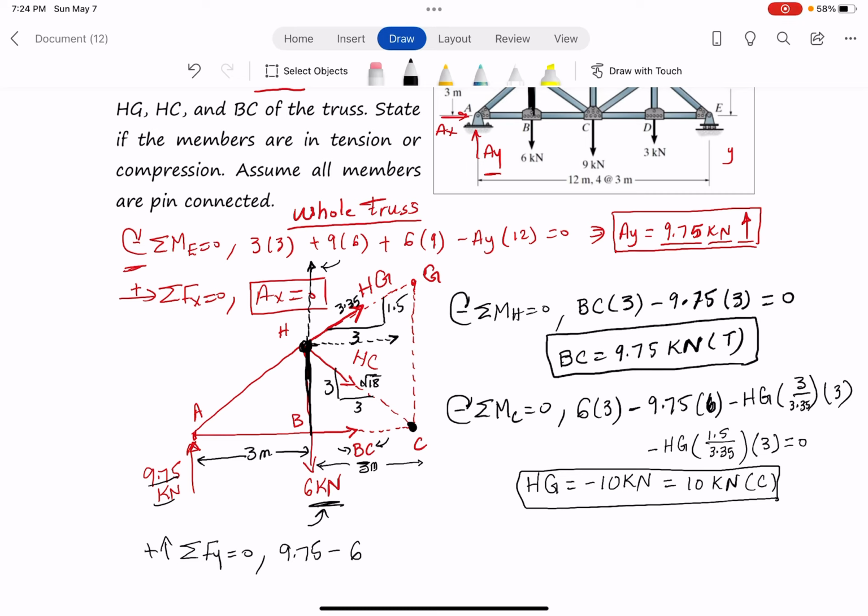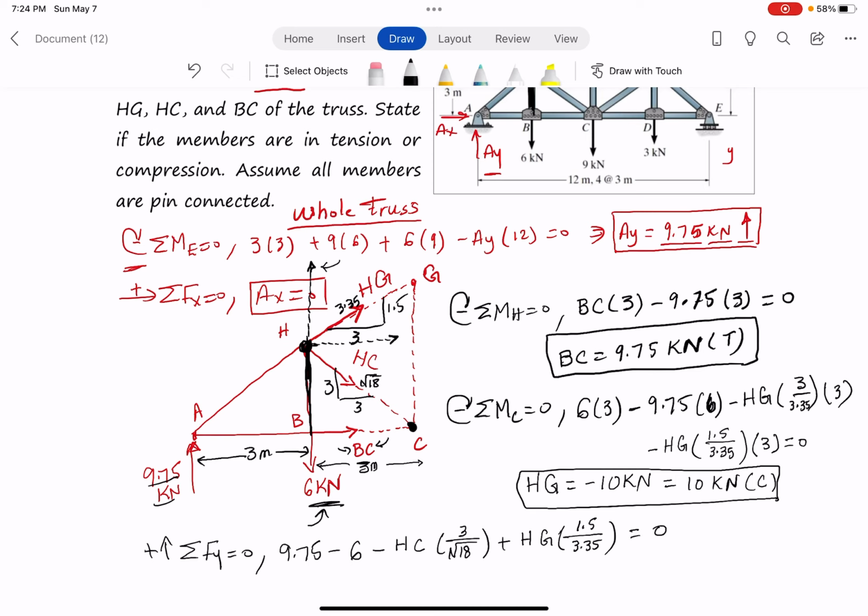You will include HC, so it is minus, in the y-axis, 3 over square root of 18. And also the HG is plus HG times 1.5 over 3.35, equal to 0.